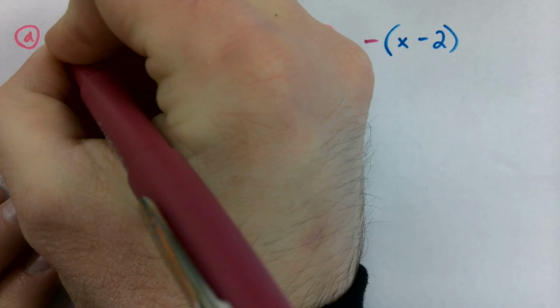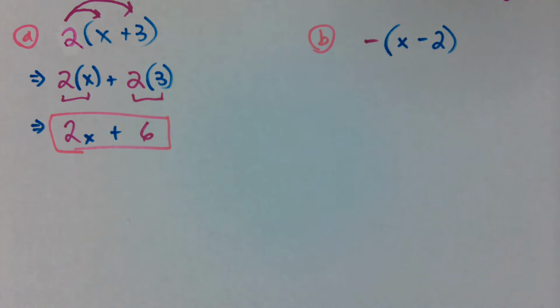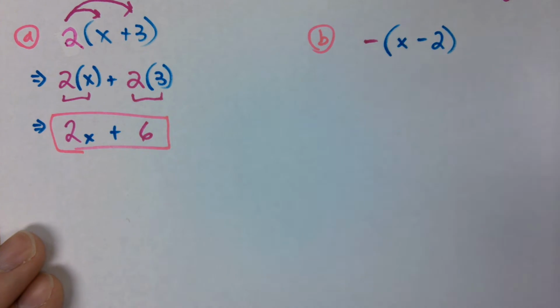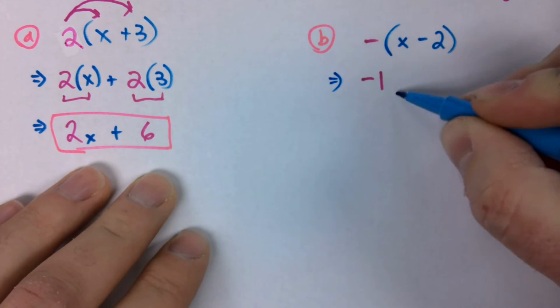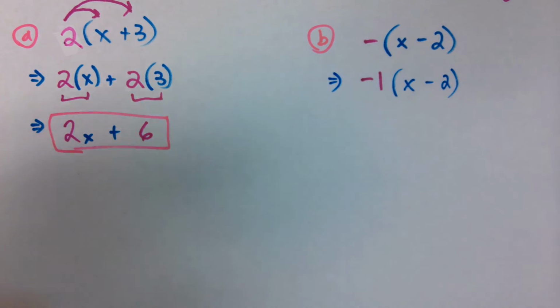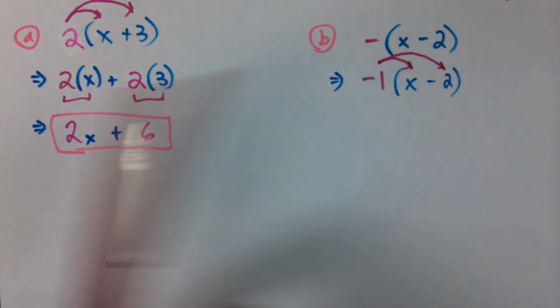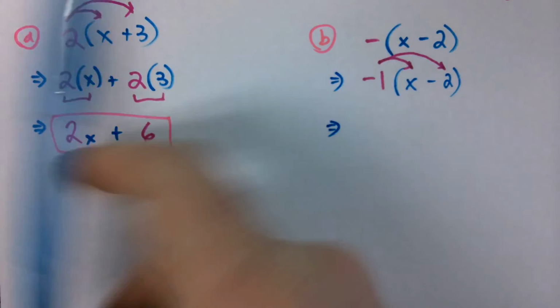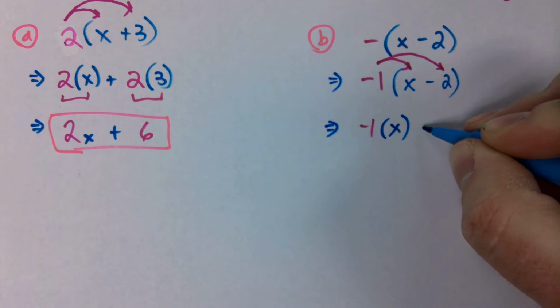Because I don't see a number on the outside of our parentheses. What number's really outside our parentheses here? Negative 1, right? Negative 1 times x minus 2. So we're going to distribute that negative 1 to the negative 2 and to the x. It'll look like this. Negative 1 times x.